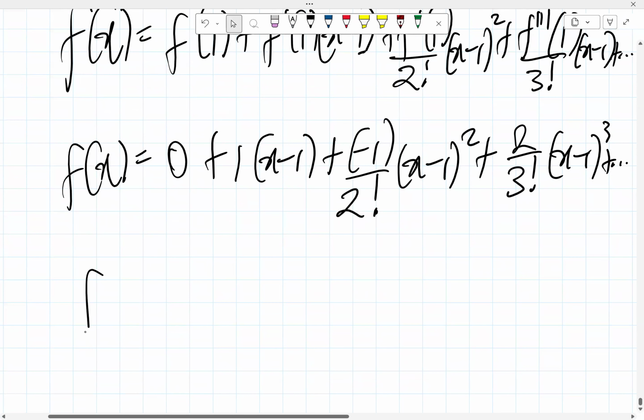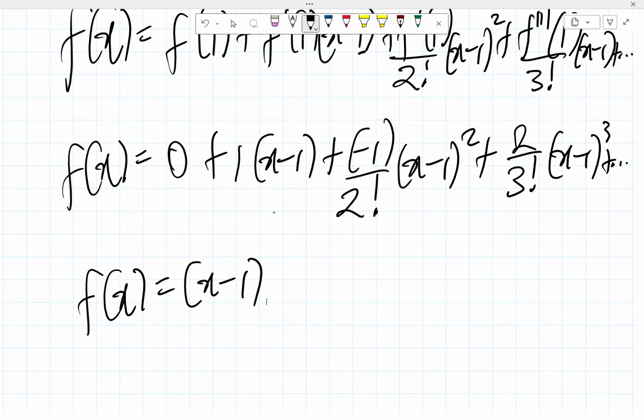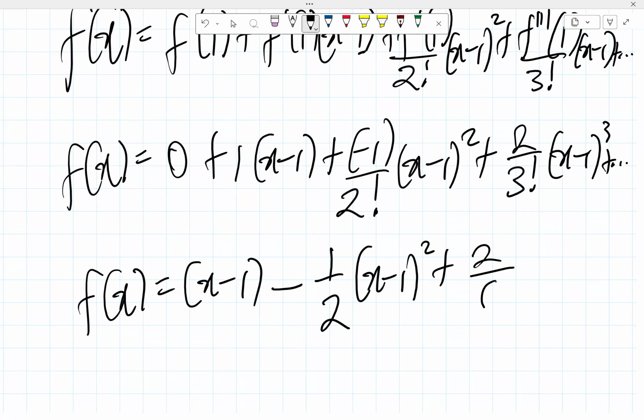So it means that f of x now is equal to 1 times x minus 1, then minus 1 over 2. 2 factorial is 2, by the way. So that'll be 2 factorial, that's 2, x minus 1 squared, plus 2 over 3 factorial, which is 6, that's 3 times 2 times 1, and x minus 1 raised to 3, plus all that. So we can already find a pattern here.